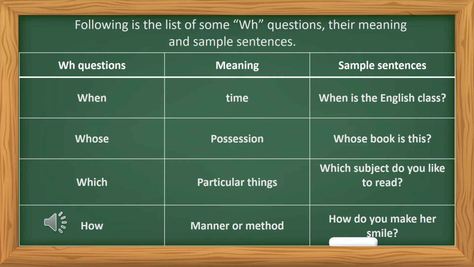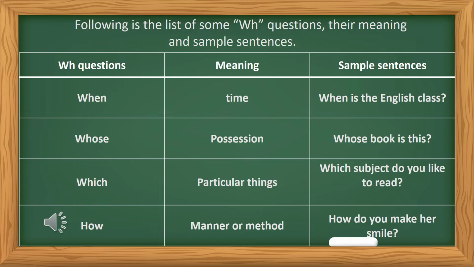Then we can see which is used to ask about people or things when there is a choice to make. That means we use it to ask about people or particular things when there is a choice that we can make. For example, which subject do you like to read?